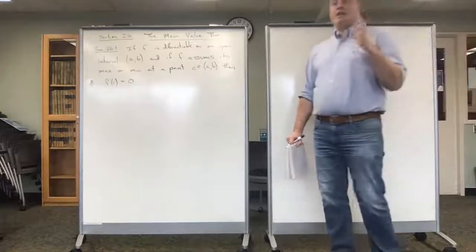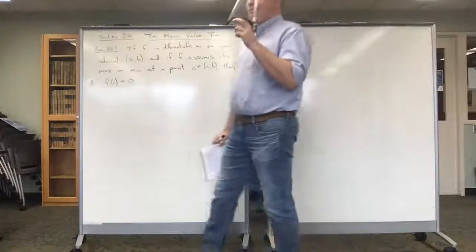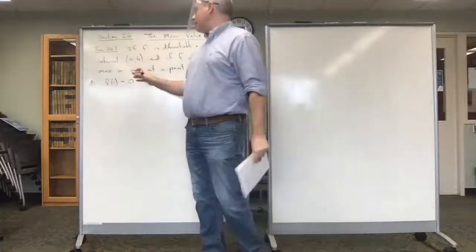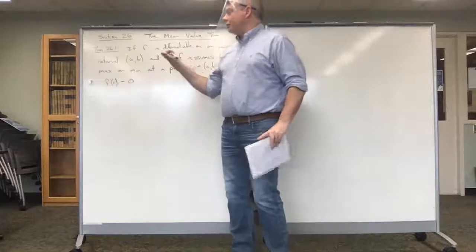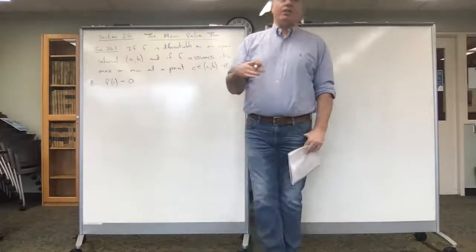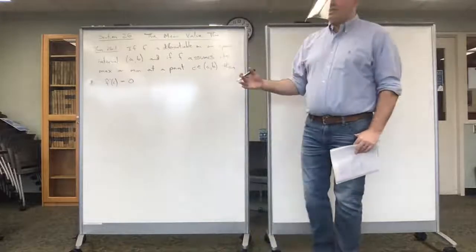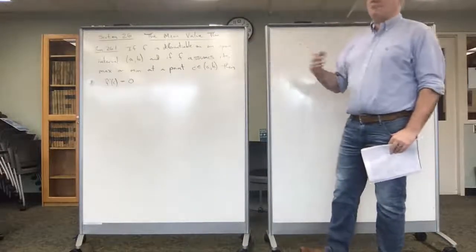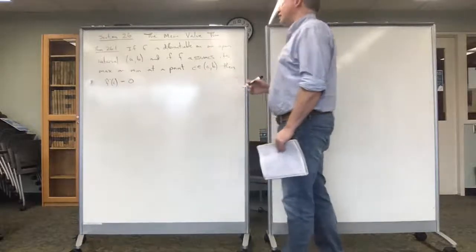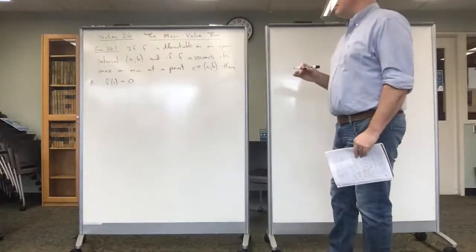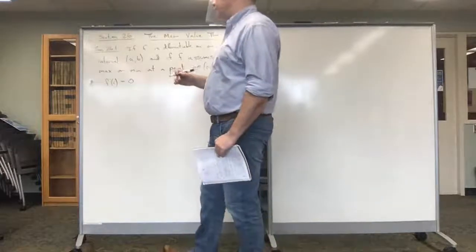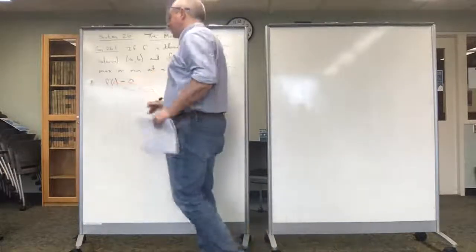We're able to search for maxes and mins using the critical points because of this theorem. If we know all the places where the derivative is 0, then some of those places must be the maximums or the minimums. This theorem gives us that all the maximums and minimums on an open interval are going to be at places where the derivative is 0.